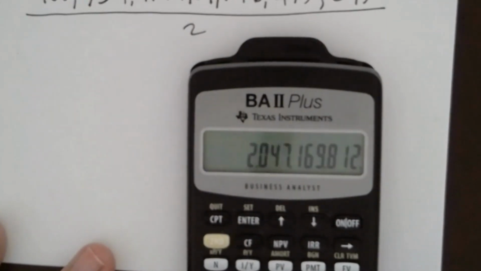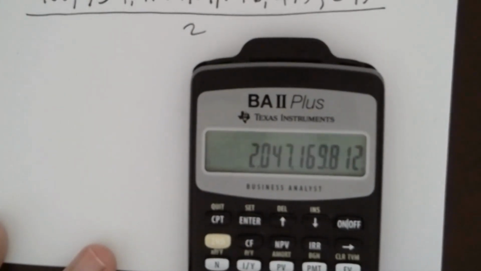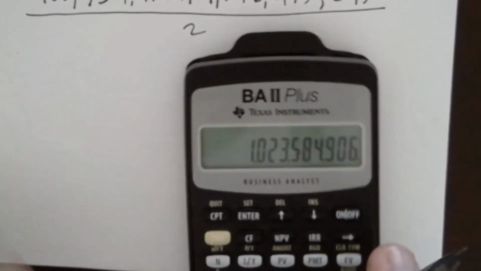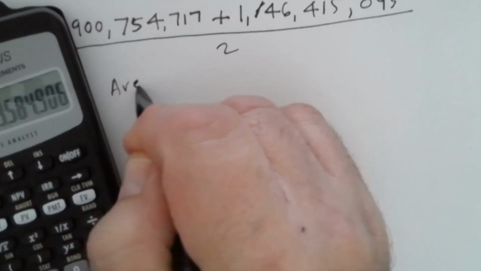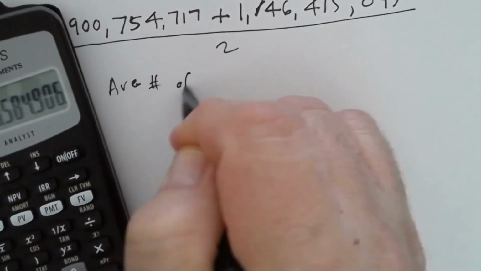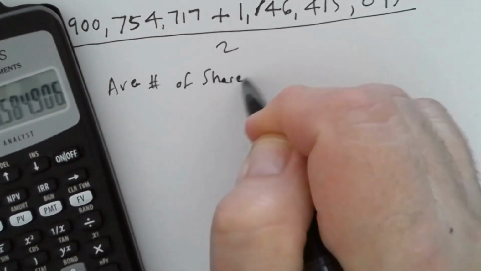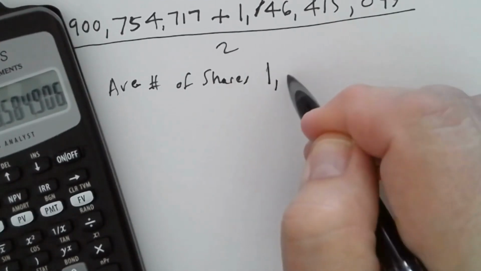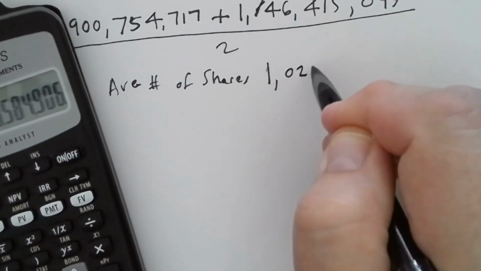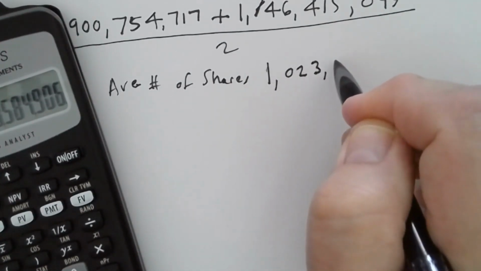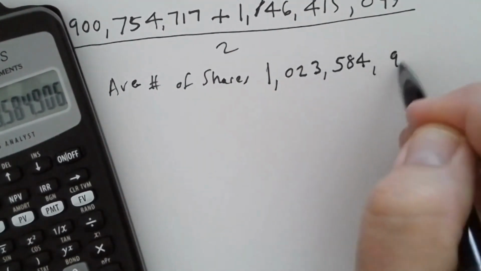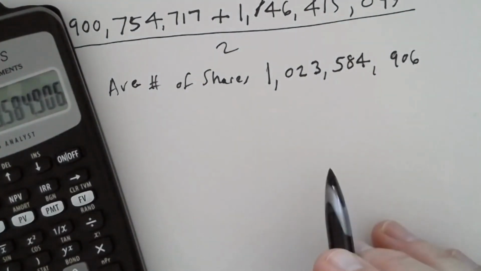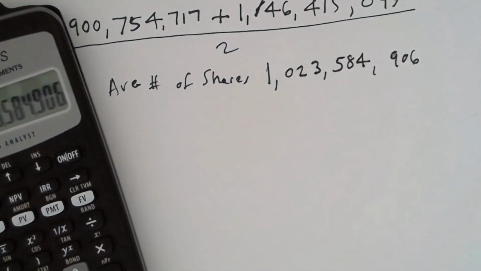We add that together, we have this very large number, and we're going to divide it by 2, and that gives us an average number of shares, and these are common shares, of 1,023,584,906 shares.